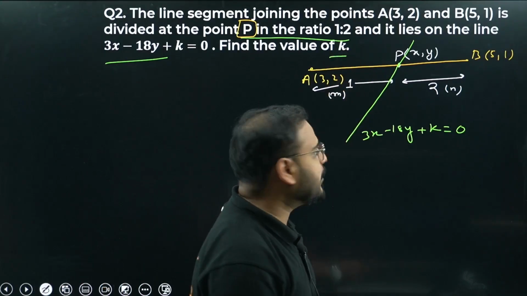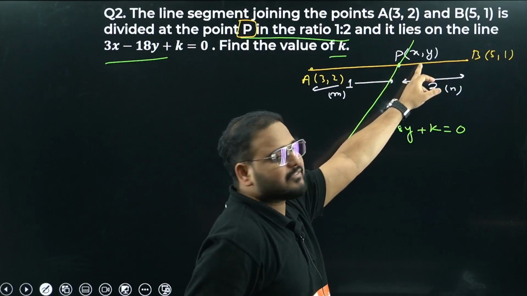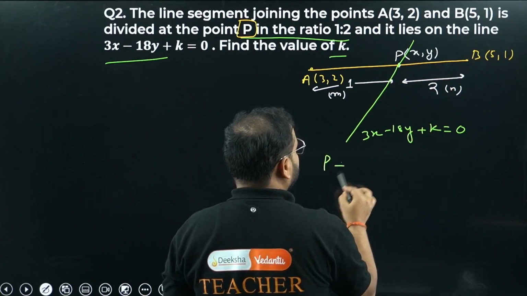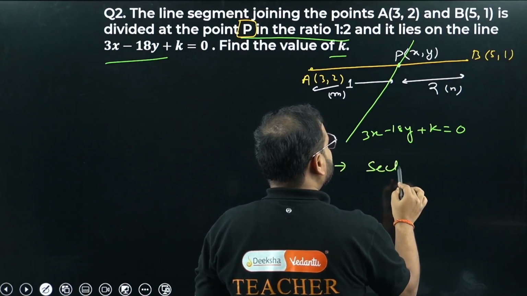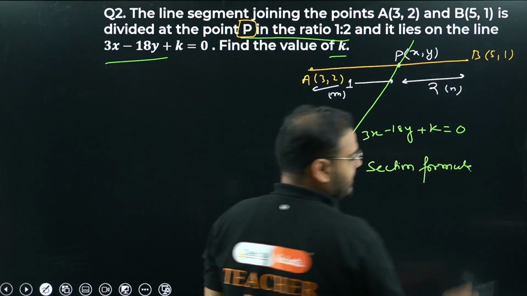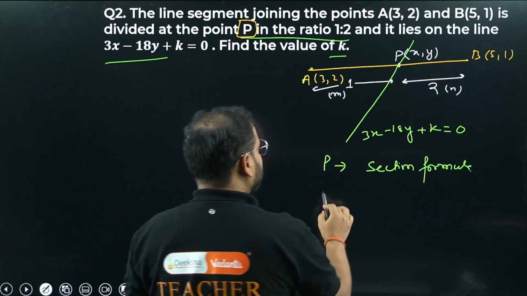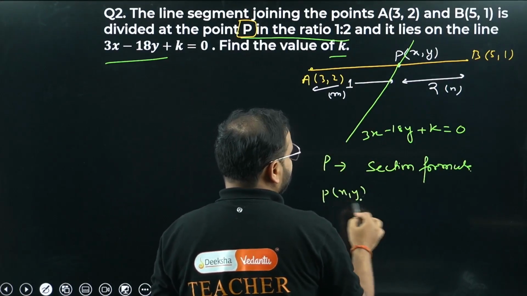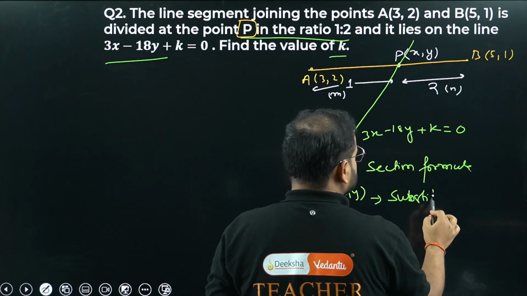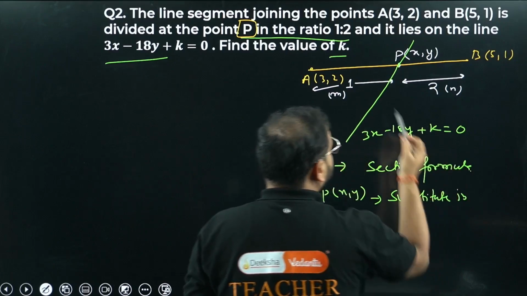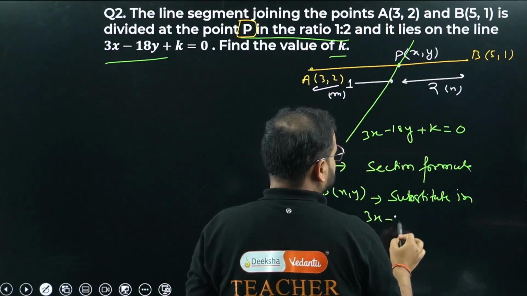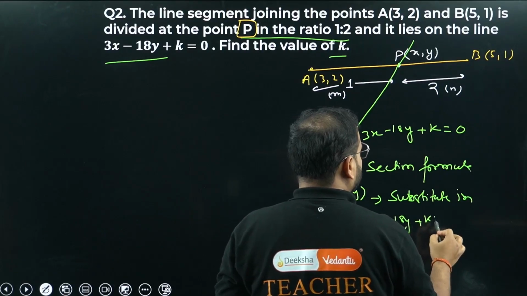We can do it. How will you do it? Find this P coordinate using the section formula. Once you get P, x, y, substitute in the line equation 3x minus 18y plus k equal to 0.